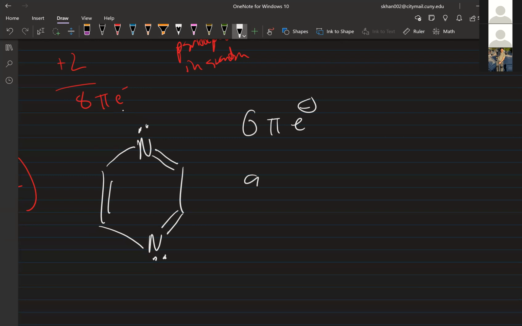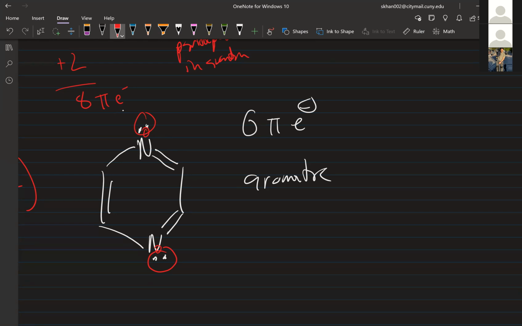So yes, the total compound is aromatic. It has 6 pi electrons, but these lone pair electrons can't participate in aromaticity, because they're in sp2 hybridized orbitals outside of it. To make this very clear, the p orbitals of nitrogen are being used in pi bonds, so those lone pairs cannot be in p orbitals.